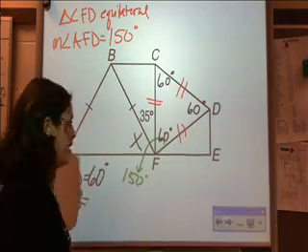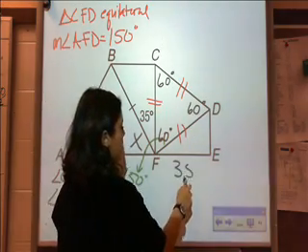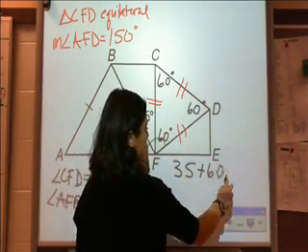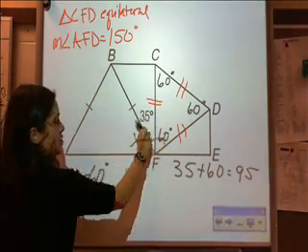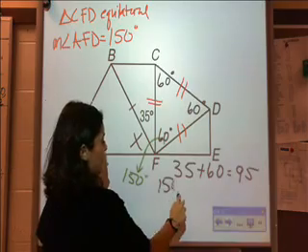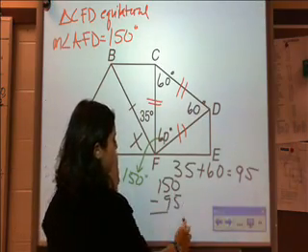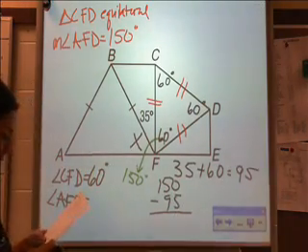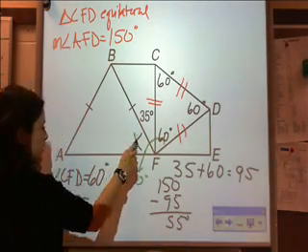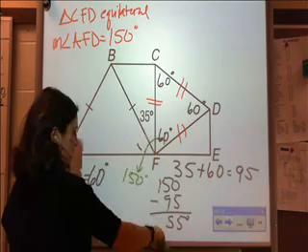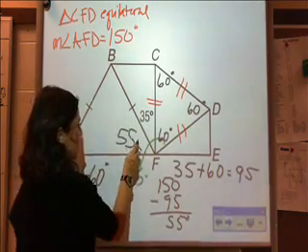I'm going to put X for now. So that would be 35 plus 60, which is 95. Subtract the 95 from this total, 150 minus 95. And you should get, when you do that, 55. Okay, so this X, I'm going to erase that. We know it's 55 degrees.